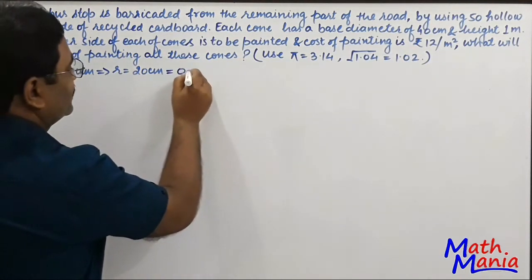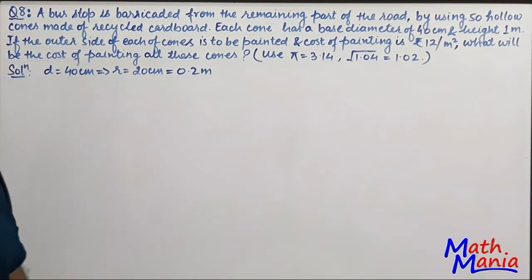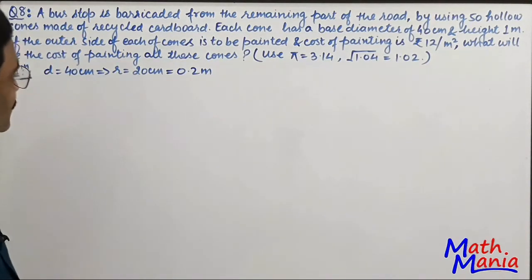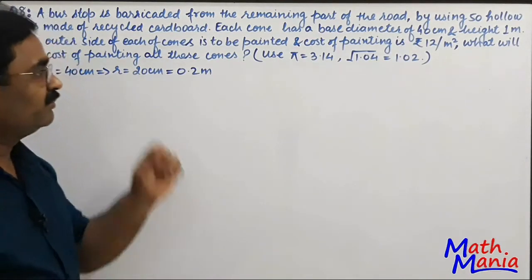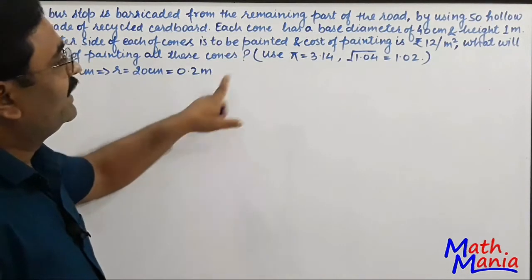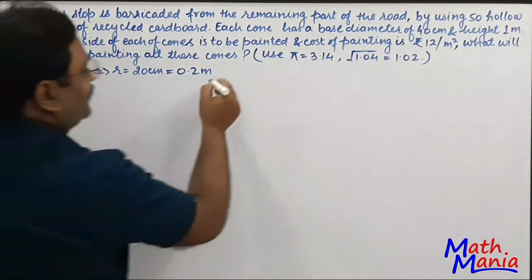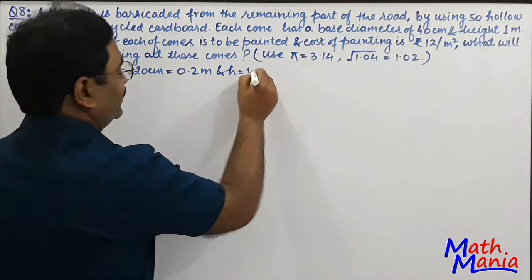That can be written as 0.2 meter by dividing by 100, because 1 meter is equal to 100 centimeter. So 20 centimeter is 0.2 meter. Base radius is 0.2 meter and height is given as 1 meter.